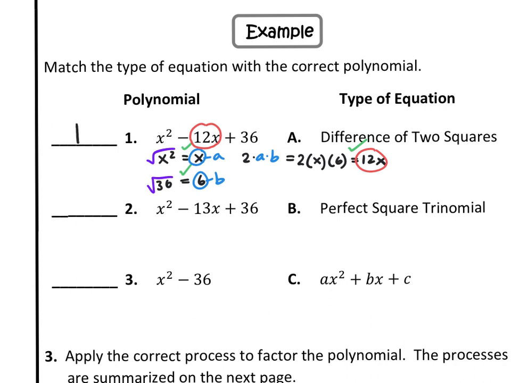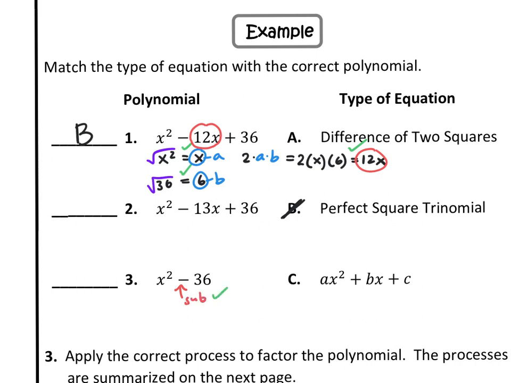So this is letter B. And then by process of elimination, since we already used B as an answer, we're left with A and C. Remember, a difference of squares means it has two squares in a binomial, and we want to check, is there subtraction?